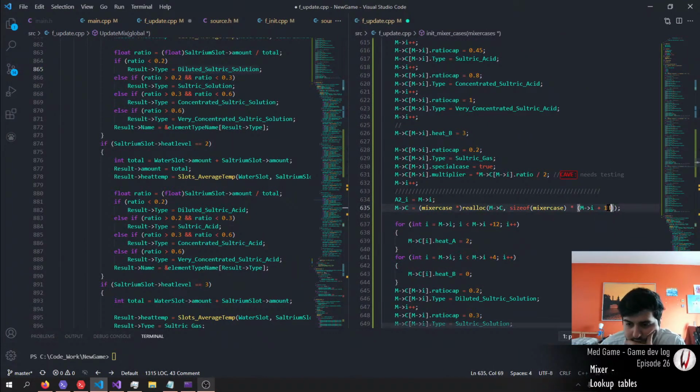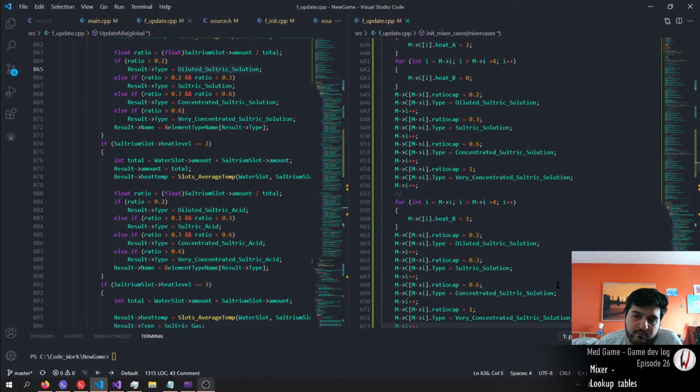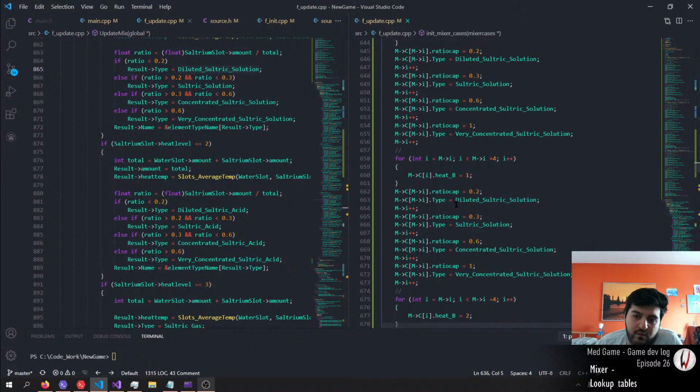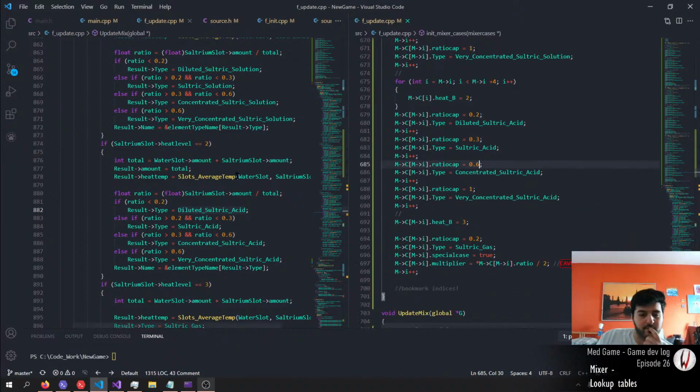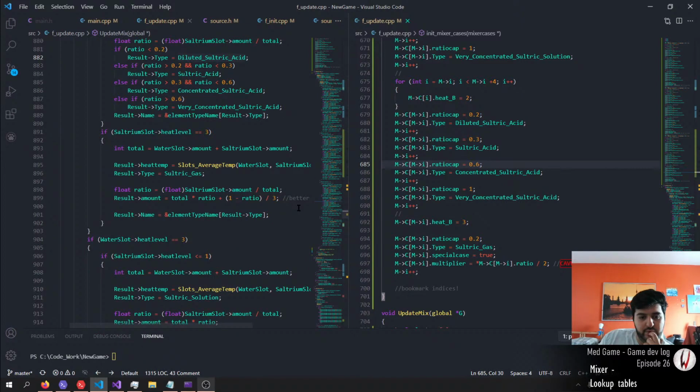I think there's 13 in this case. Zero, 1, now 2. Maybe 0.2, 3, 6, and 1. Now there's a 3. The multiplier is going to be this thing.